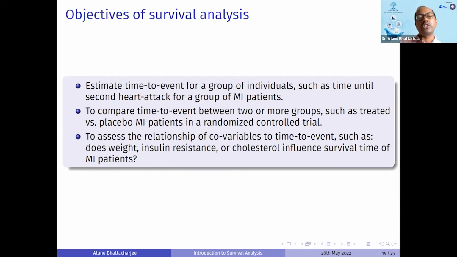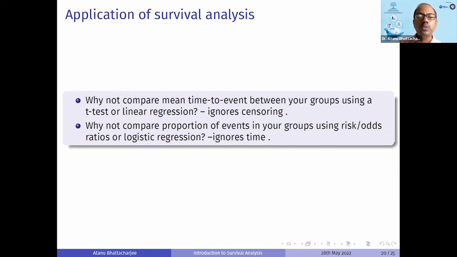Comparing time to event between two groups using the t-test or linear regression is not possible, because simple linear regression or a t-test can't be applied, as time is a function, and because of the censoring mechanism even here. So that's why they ignore the censoring.